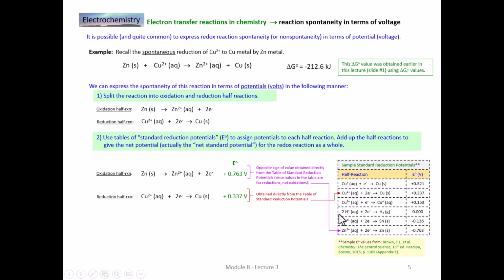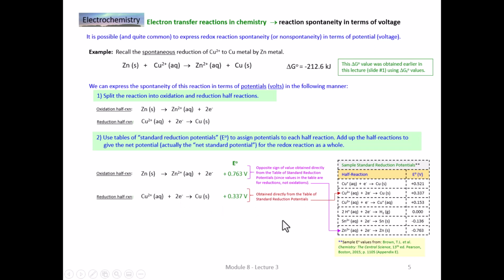Note that there's another reaction involving copper 2 plus on the table, copper 2 plus 1 electron going to copper plus. We don't use that because that's not what's happening in this reduction half reaction. This specifically says copper 2 plus 2 electrons going to copper. So we use the reaction that looks like that from the table.